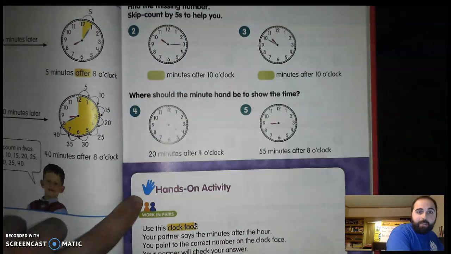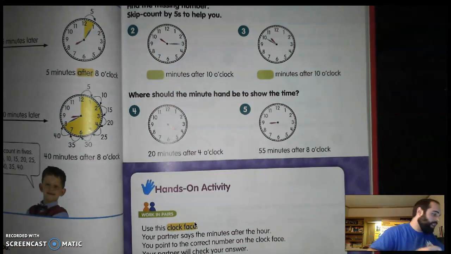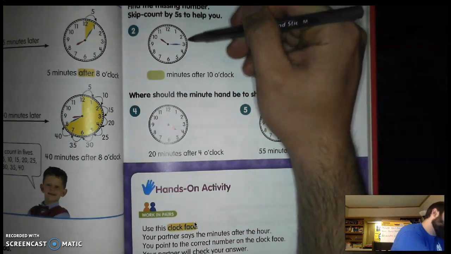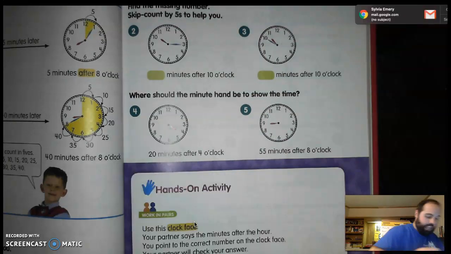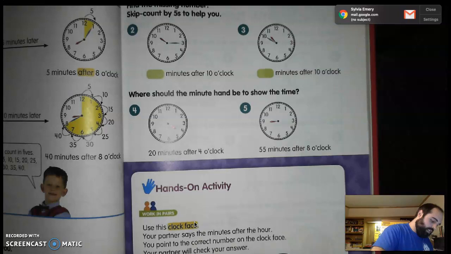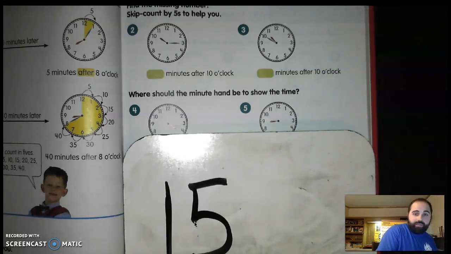So we're going to skip count by 5s to get to the 3. All right. Let's do that. 5, 10, 15. So the answer is 15 minutes after 10 o'clock.